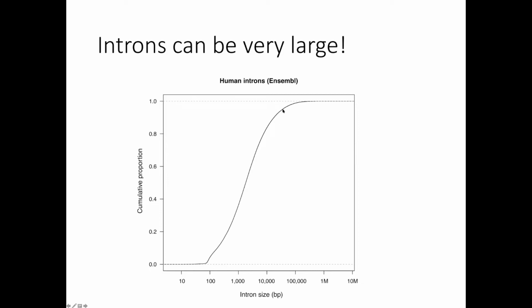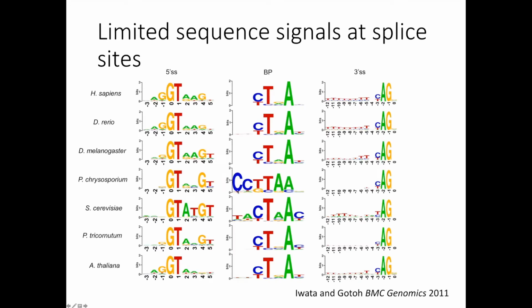So you have to allow for these different parts of a read to be mapping very far away from one another and map them together. And now, since the signal for identifying what is a good splice site, an intron-exon junction, is basically only two nucleotides, that should be a G and a T, and an A and a G on the 3' end.